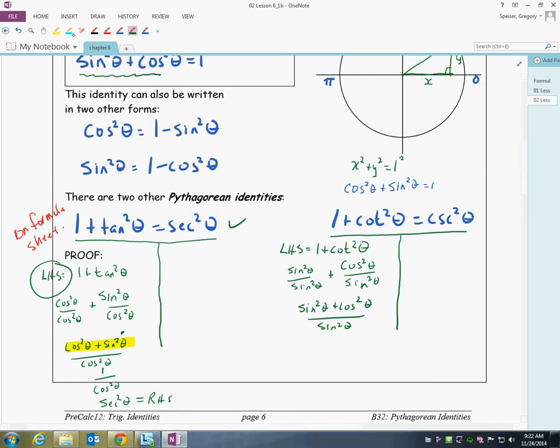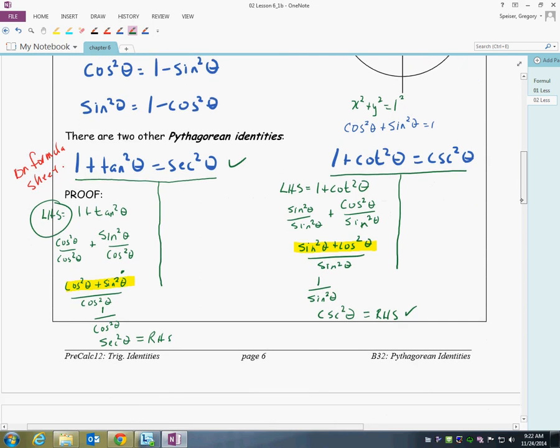And so this numerator here is going to be equal to 1. And I'm going to very happily say 1 over sine squared theta, which should be equal to cosecant squared theta. So this left-hand side is going to be equal to my right-hand side. Cha-ching. Very nice. Okay, so I was able to prove those other two Pythagorean identities.